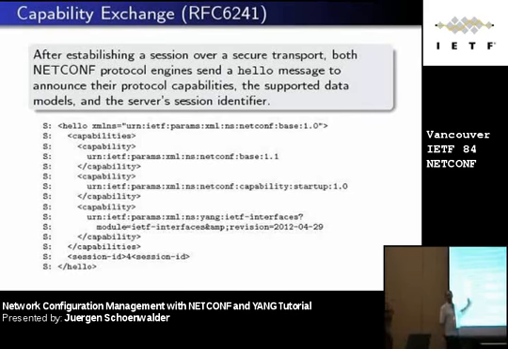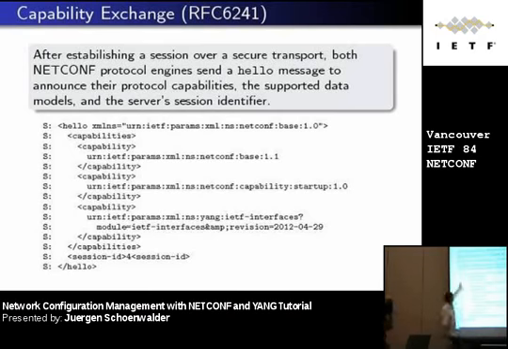So that's XML on the wire. Remember, there's a secure transport, now you ship XML over. When the client and the server start up and establish a secure channel between them, the first thing that a good protocol should do is say hello and exchange capability information. And that's exactly what's happening here.